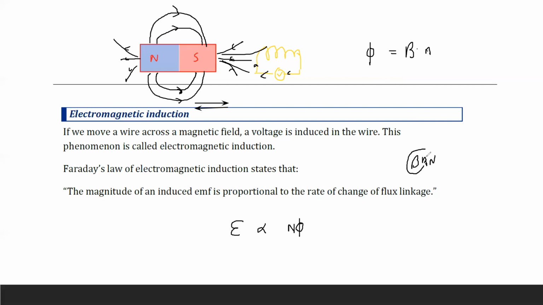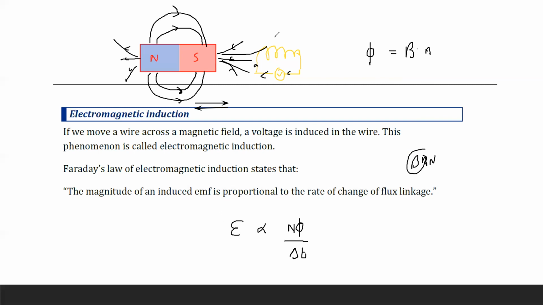In place of BA, I can write phi, the magnetic flux, so it will be phi N. And it is the rate of change, so the magnetic flux linkage divided by time. So the greater the rate of change of magnetic flux linkage, the greater the induced EMF.